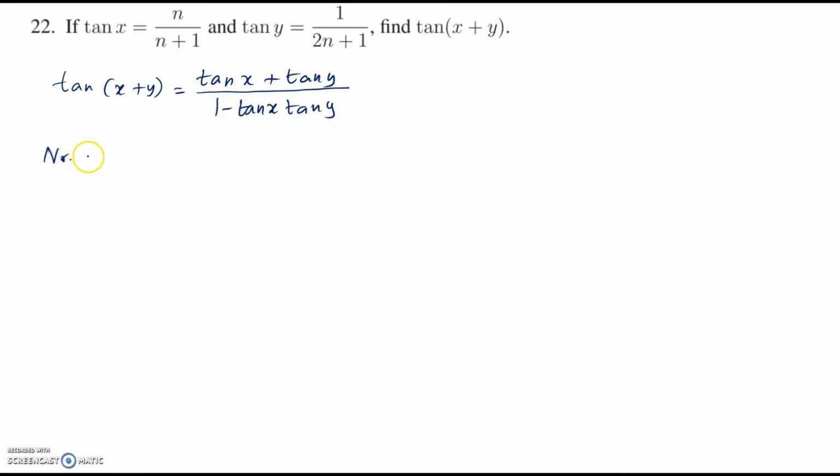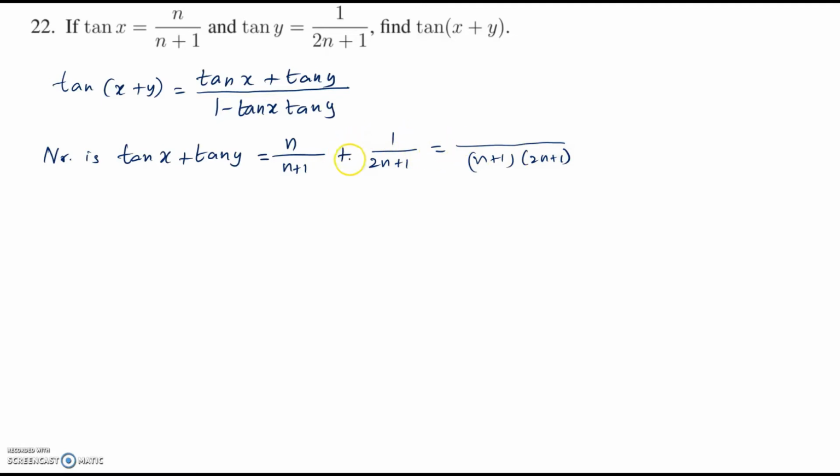Okay, let's take the numerator first. The numerator is tan x plus tan y, replacing the values of tan x and tan y from here. This becomes n by n plus 1 plus 1 by 2n plus 1. So, that is equal to taking n plus 1 into 2n plus 1 as the denominator. Then you will cross multiply.